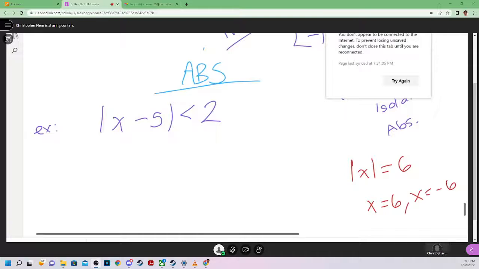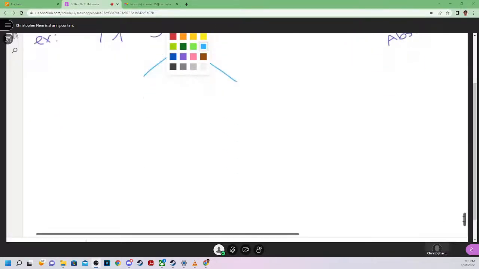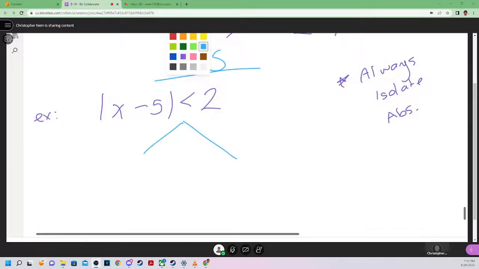Well, we need to know how to actually get our two answers, two solutions. So in this case, to account for your positive and negatives, we're going to break our inequality into two pieces once we isolate it. So the first inequality is going to be the positive.